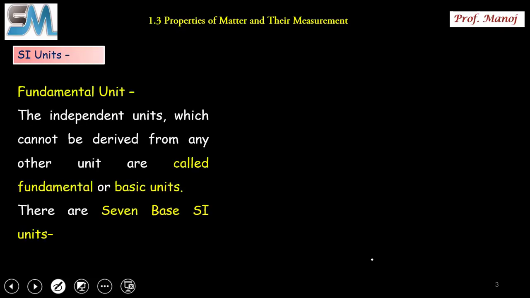The SI unit system has a first concept called fundamental units. That means all the other units, all the other measurements are derived from them, but these are not derived from anyone else.